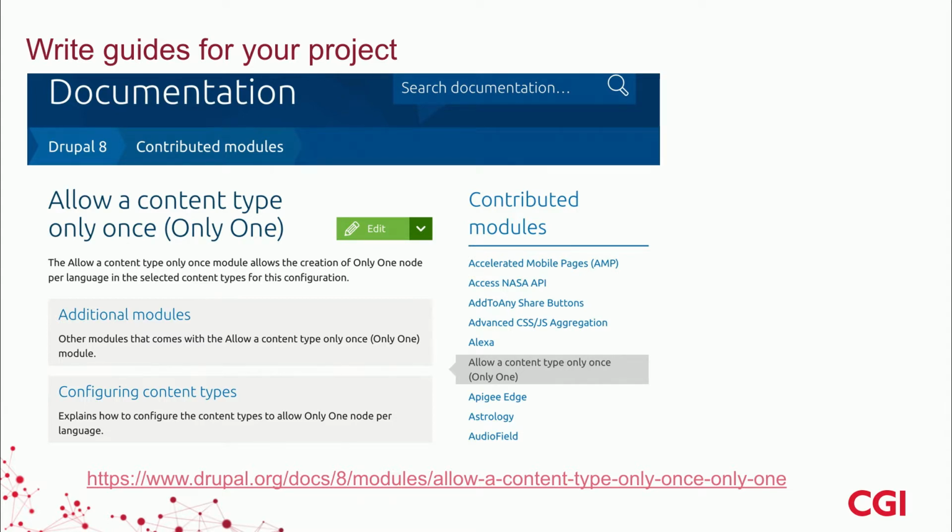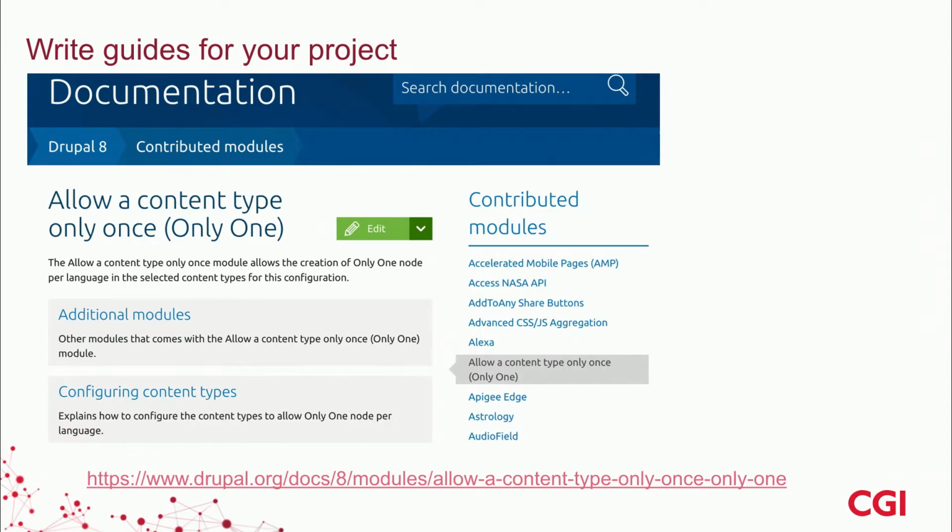Once you finish your module, you know how to use your module and you know the problem your module solves. But the other users of the release of your module don't know how your module works. So it's important to create a project guide for your module.